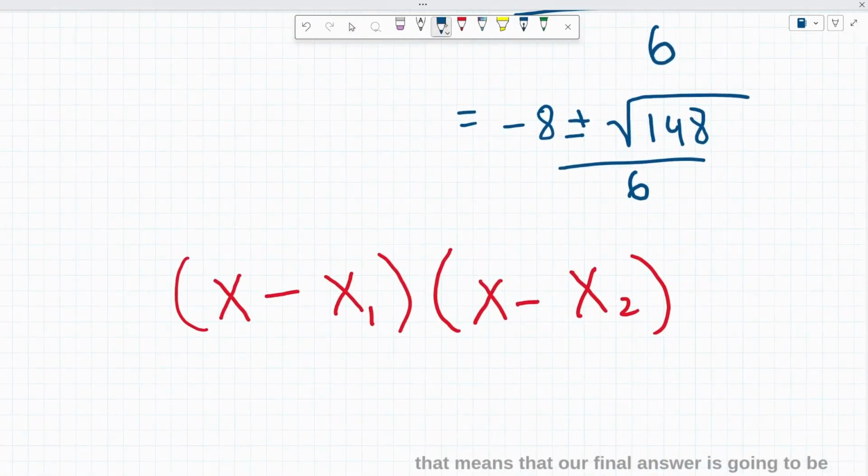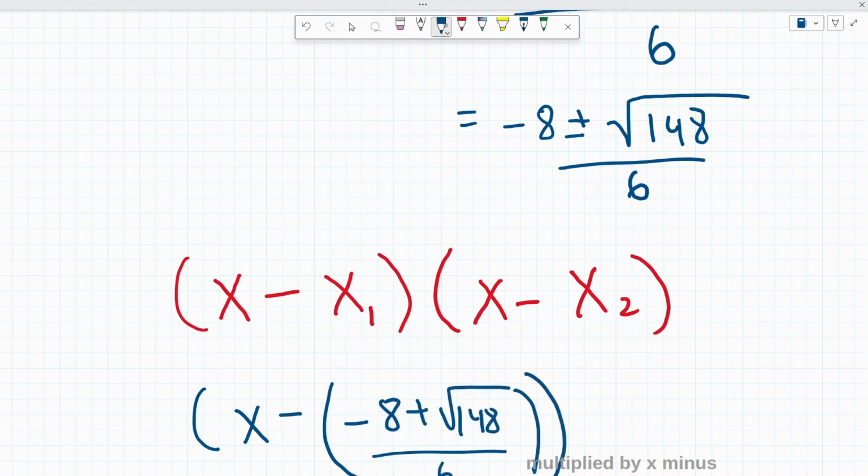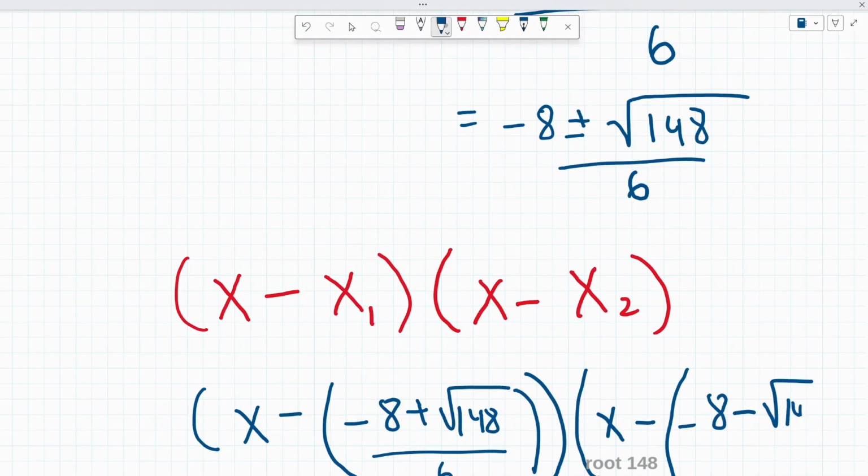So that means that our final answer is going to be x minus negative 8 plus root 148 over 6, multiplied by x minus negative 8 minus root 148 over 6. And there you have it. It's all factored.